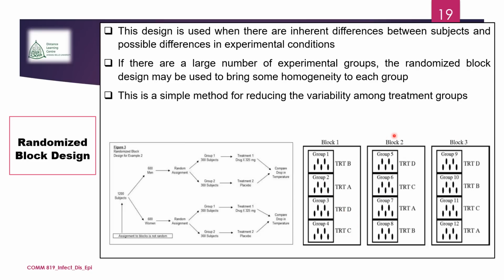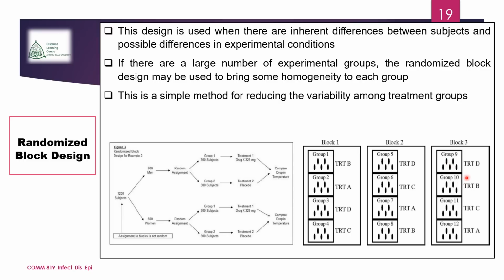Then in block 2, okay, you have treatment D going to group 5, treatment C going to 6, and up to block 3 you have different. In block 3 you have treatment D still going to group 9.